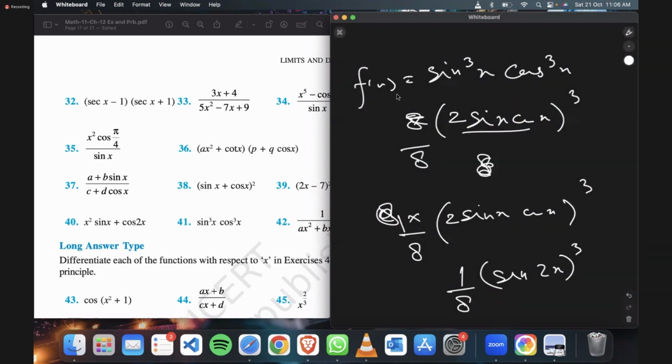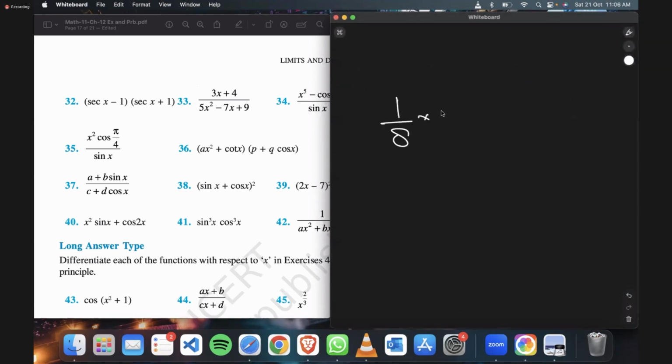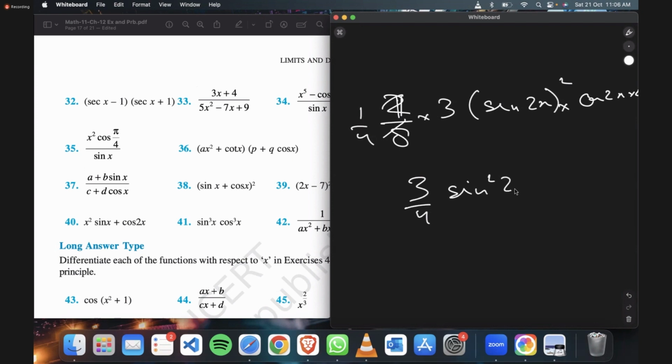Now it is simple. 1 by 8 times 3 sin 2x will be sin 2x square. Sin 2x will return a cos 2x and there will be the extra 2 as well. So I'll be writing 2. So 2 will be 1 by 4. 3 is also there. So 3 by 4 sin square 2x cos 2x.